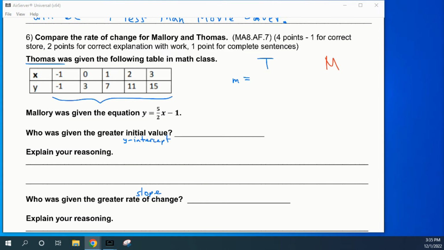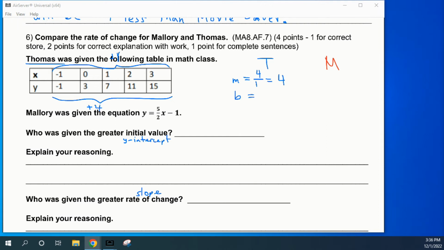These will be plus 4, positive 4. His x's will be plus 1. You can't really see that. That's okay. So change in y is 4 over change in x is 1. So his slope is 4.